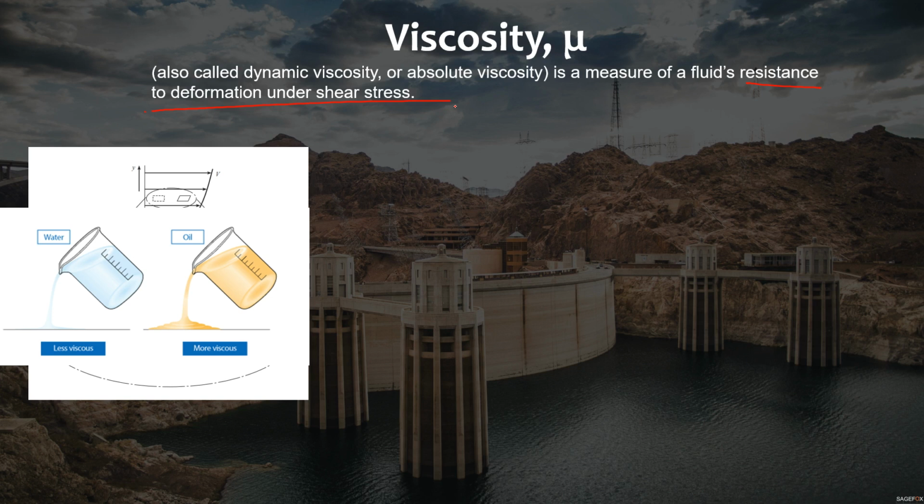Say for example, here, we pour water with less viscosity as compared to oil with a higher viscosity. So, comparing the two, same amount of volume to be poured out, okay? The water flows easily as compared to the oil, okay?